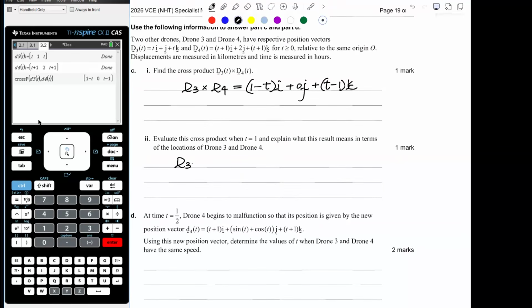So d3 of 1 cross d4 of 1 is going to be 0i plus 0j plus 0k. If the cross product between two vectors gives you the zero vector, that means the two vectors must be parallel to each other.